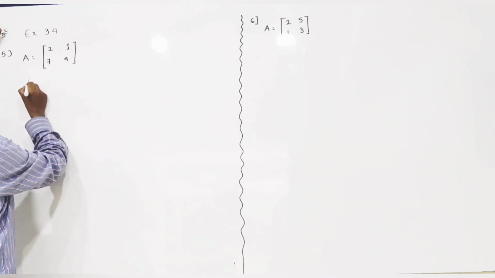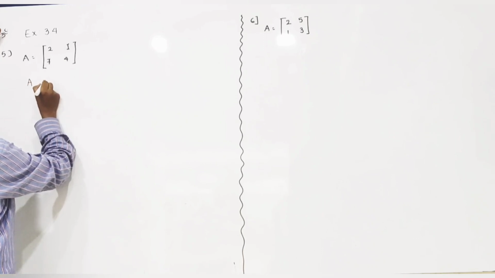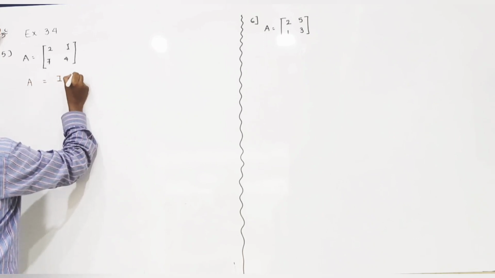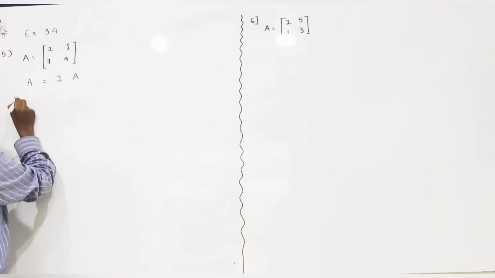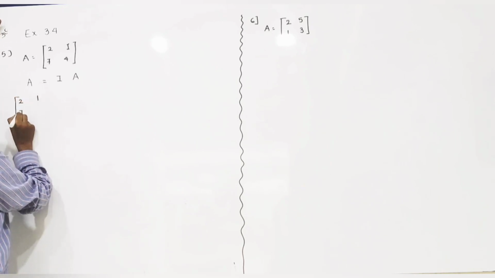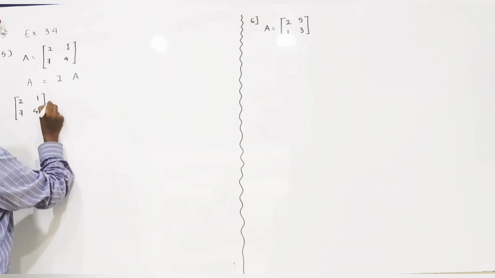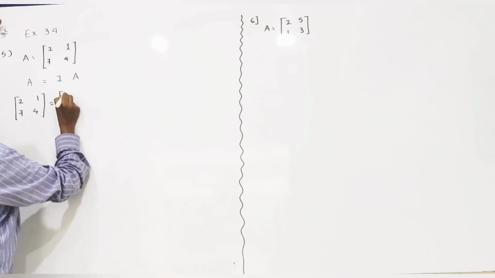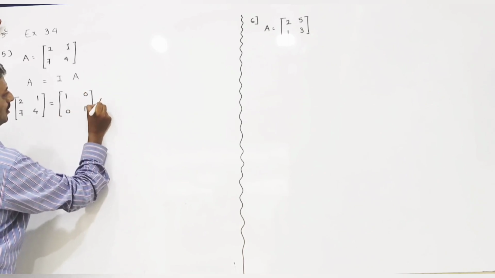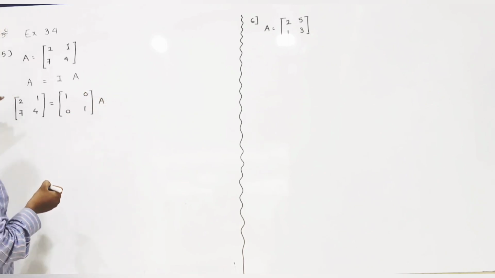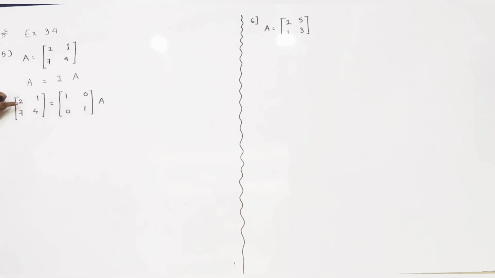Here again we are starting A is equal to I into A. A is 2 7, 1 4 is equal to I, 1 0, 0 1 into A. Now step number 1. Here I have to make 1.